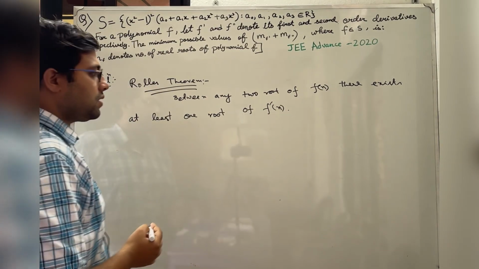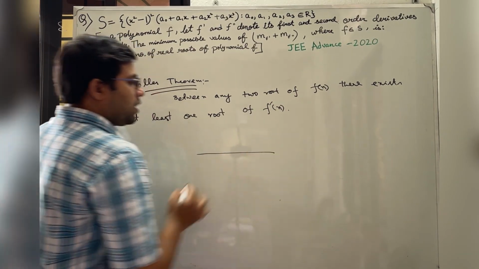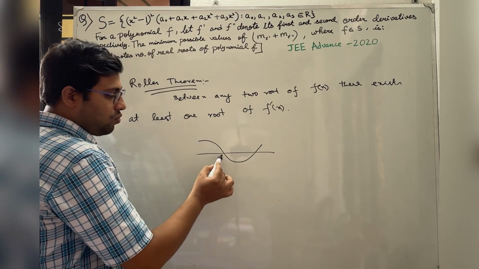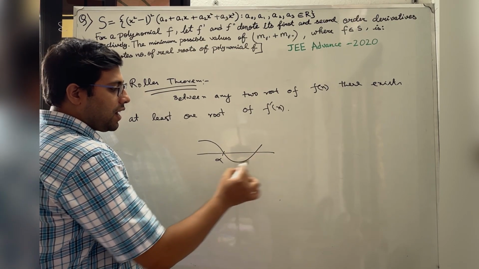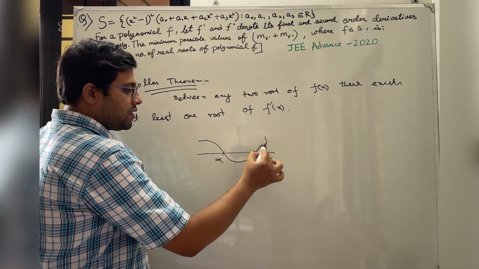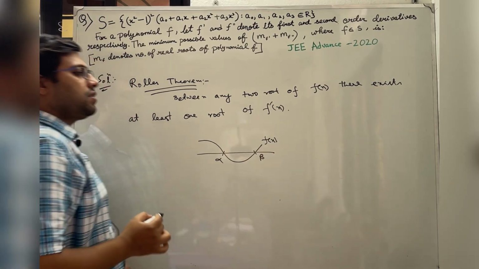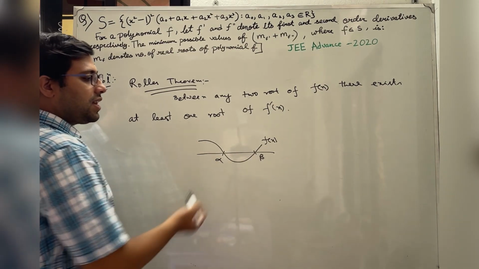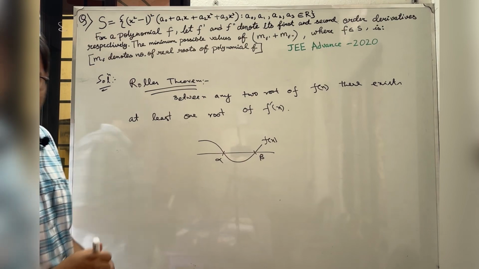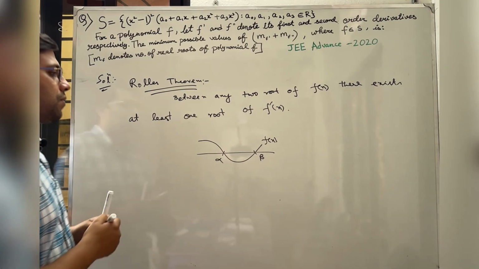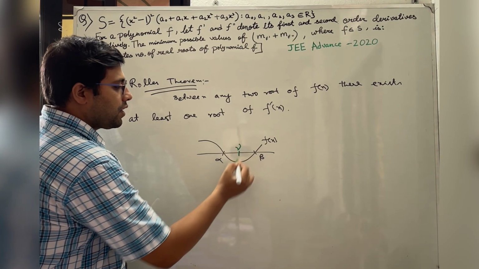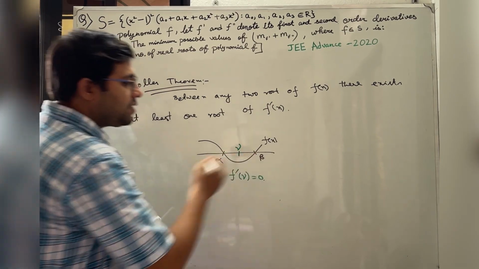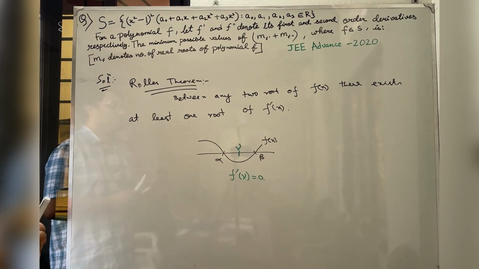That is, suppose f be a polynomial like that. It has two roots at alpha and beta. This is f(x). Then Rolle's theorem states that between alpha and beta there is a root. Suppose gamma be the root here, and f'(gamma) is equal to 0. So gamma is the root of f'(x).